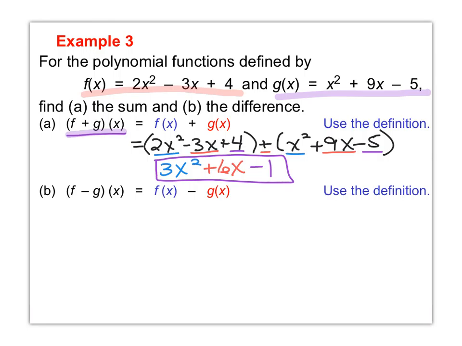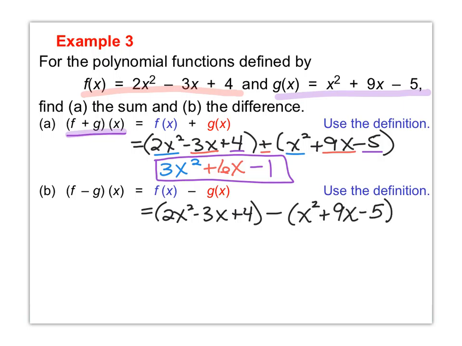Let's find the difference. And finding the difference, we take the entire f of x function, which is 2x squared minus 3x plus 4, and we're subtracting the entire g of x function, which I'm going to put in parentheses so that I am careful about any errors with my signs.